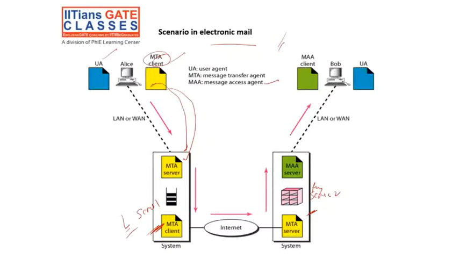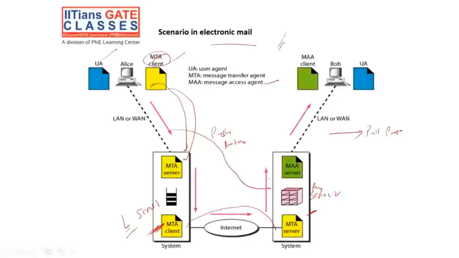Now, what agent do we have to use for this? Internal MTA, then MTA client to server, MTA also. But from server to client, this is your pull protocol and this is your push. Here we are pushing, so up to this is the push protocol, from client to server. Server to server is also SMTP.